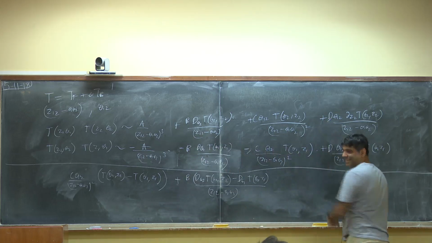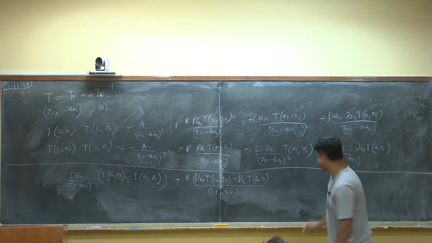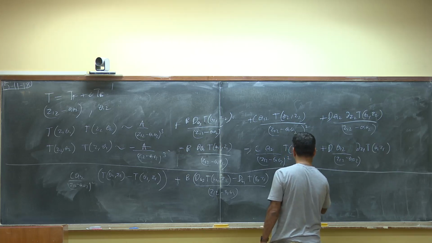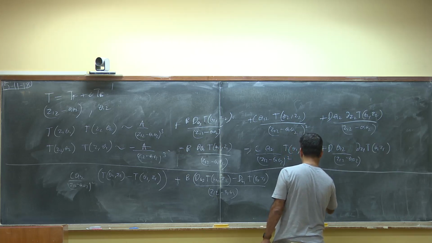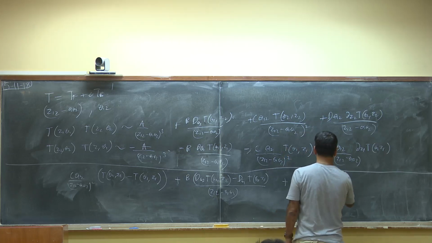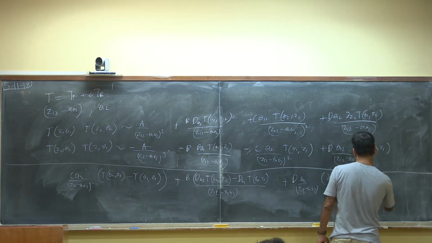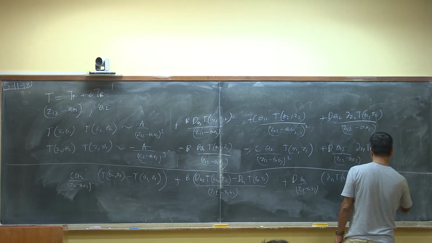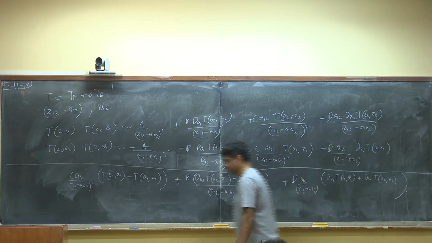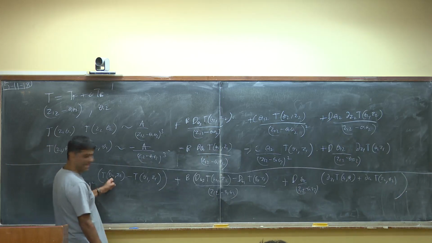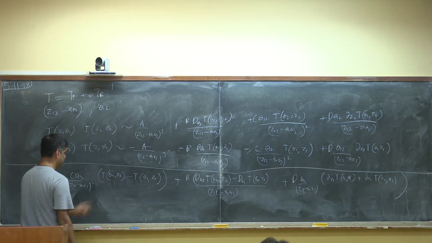And finally there's this guy which comes with a plus, which is plus d of theta 1 2 by z1 2 minus theta 1 theta 2 of dz1 t z1 theta 1 plus dz2 t of z2 theta 2. Okay. Now let's take this guy and look at what it is.